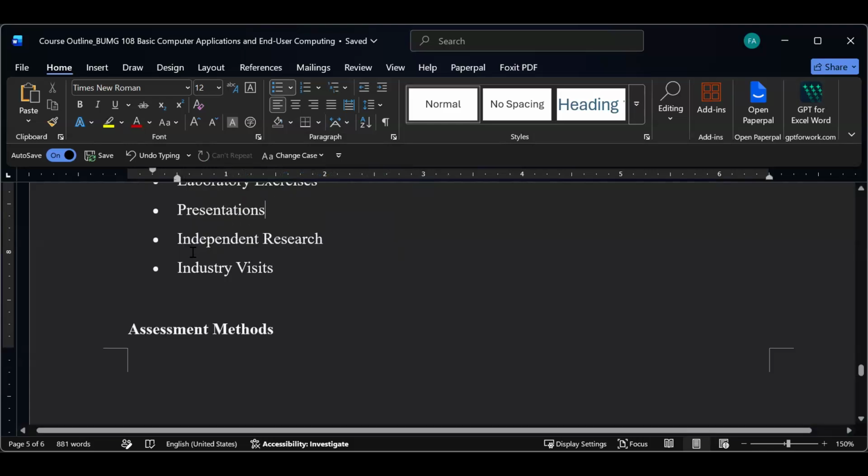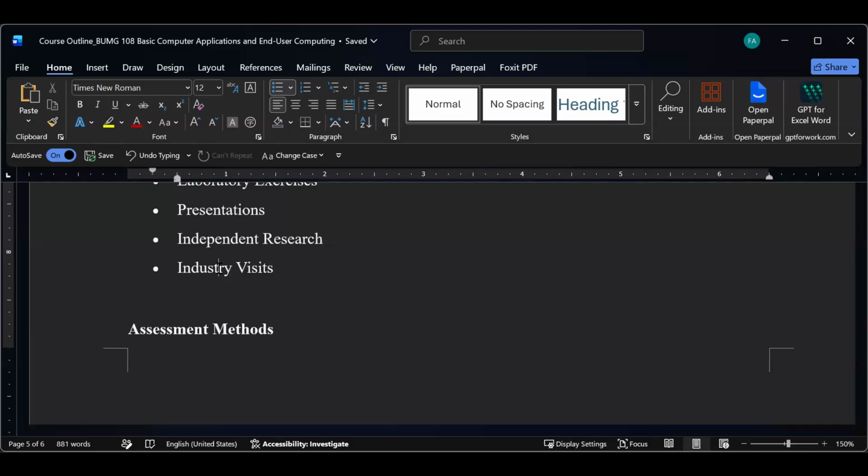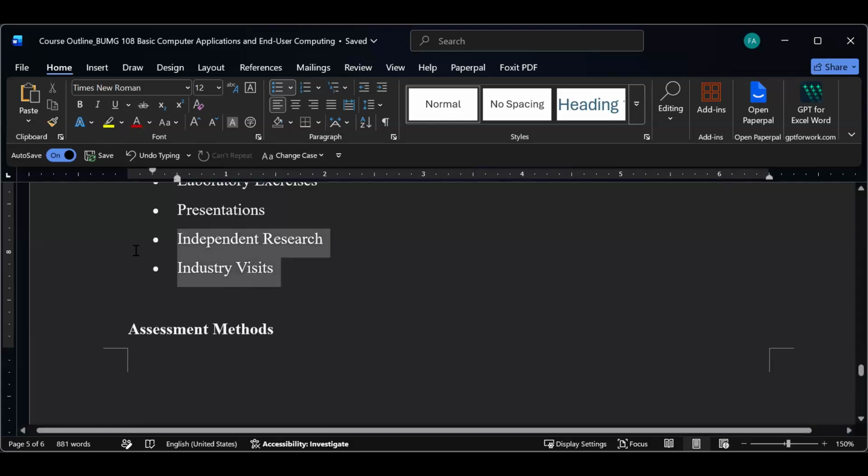And then there'll be independent or individual research work. I also put industrial visits here. I'm not sure how we are going to do it for Sunday's class, but it's an important thing. If you are working, it's also very good: you can use your organization as your industrial visit. If you don't have an organization, then you have to find a way to visit one.